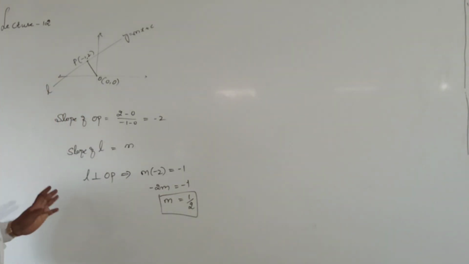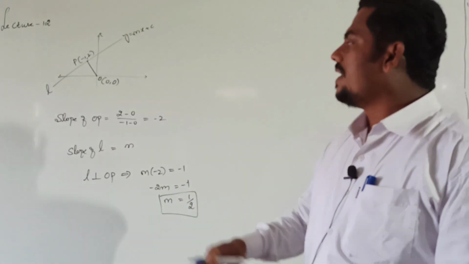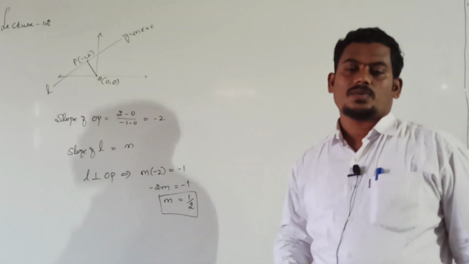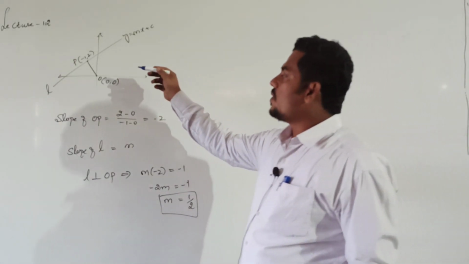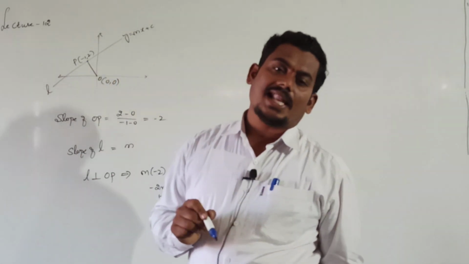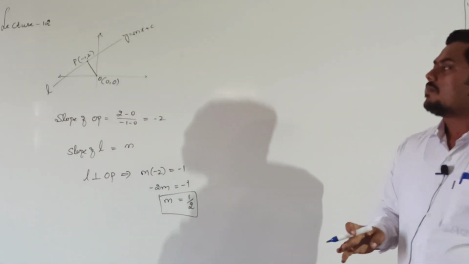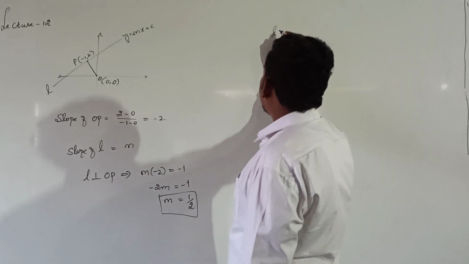Now we get the m value, and line L passes through the point -1, 2, right? This point P lies on L, meaning L passes through -1, 2.